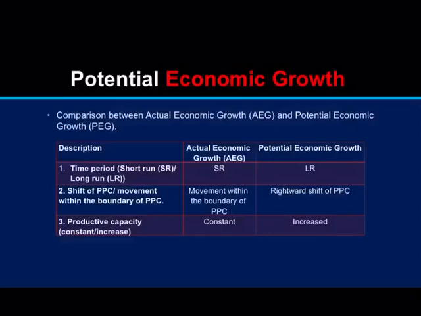That means the economic growth has been achieved using existing economic resources, without any increase in the productive capacity. Productive capacity means two things: one is the resources, the other one is the technology. Next, if you look at potential economic growth, both have increased. There is an increase in the quantity and the quality of the economic resources, and there is an improvement in the technology. So this will be the summary.